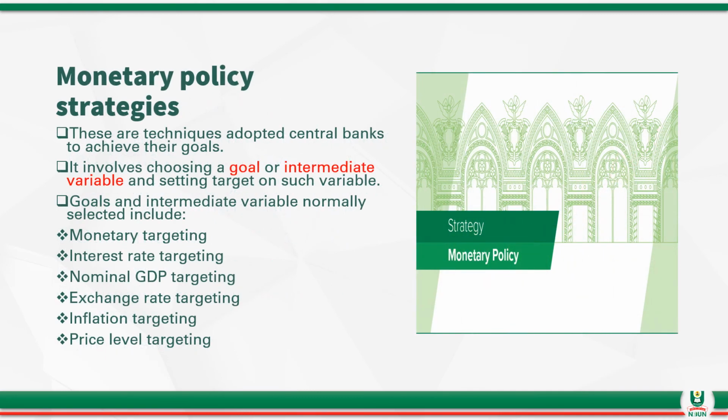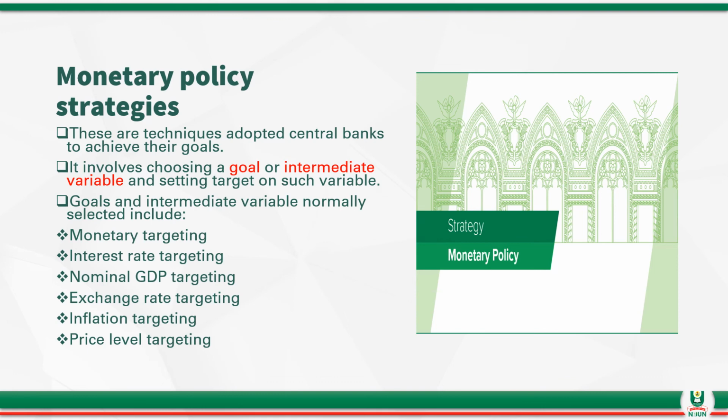Now let us look at the monetary policy strategies. When we talk of monetary policy strategies, we are talking about the techniques adopted by the central bank to achieve their goals. It involves choosing a goal or an intermediate variable and setting targets on such variables.